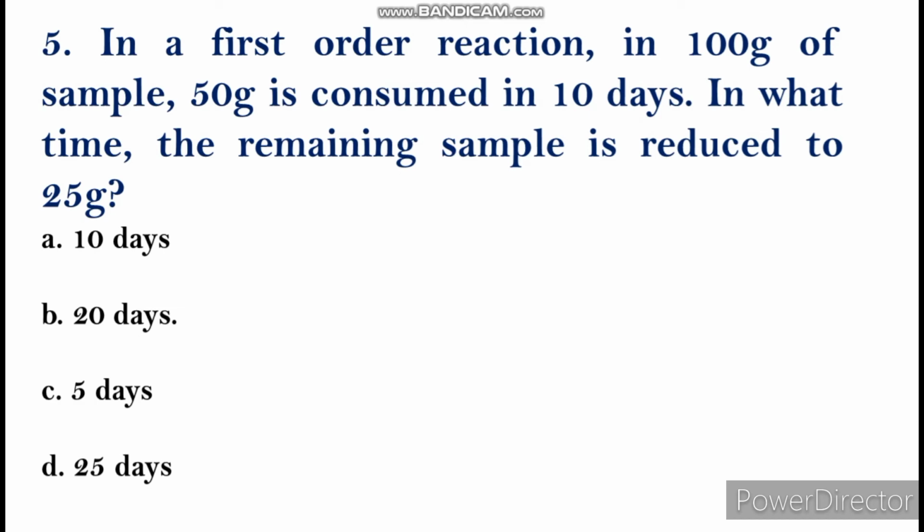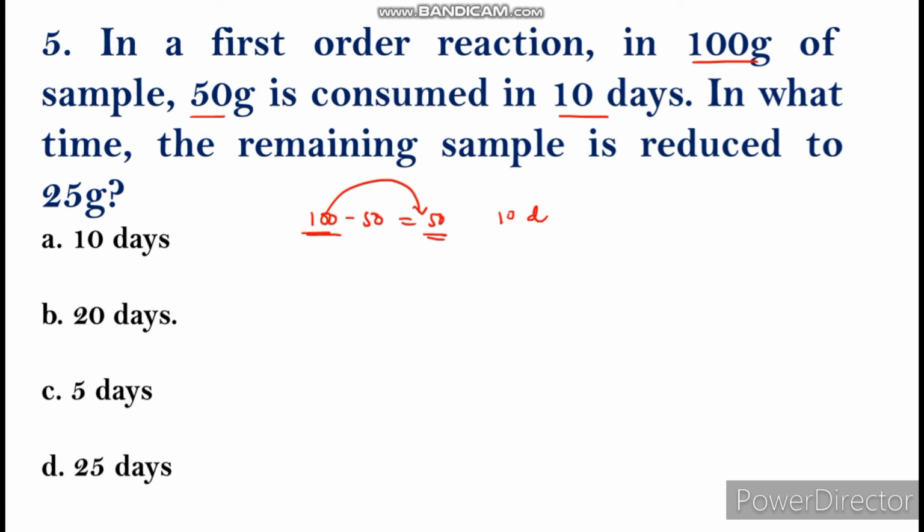The time taken for the reactant molecules to reduce to half of the initial concentration. For example, here we have 100 gram. Its half is 50 gram. In 100, 50 is consumed. How much are we left with? 50. So it has become half in how much time? 10 days.